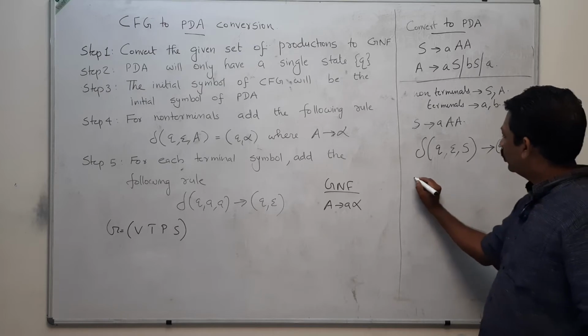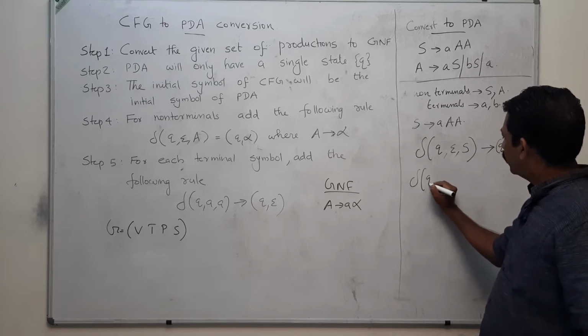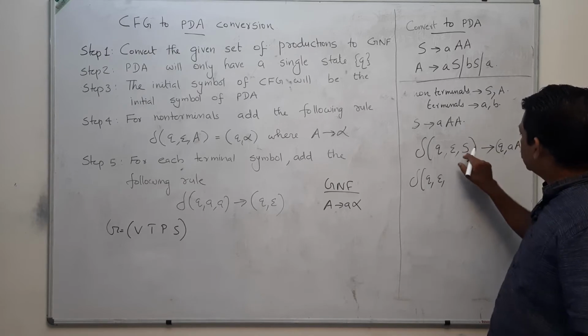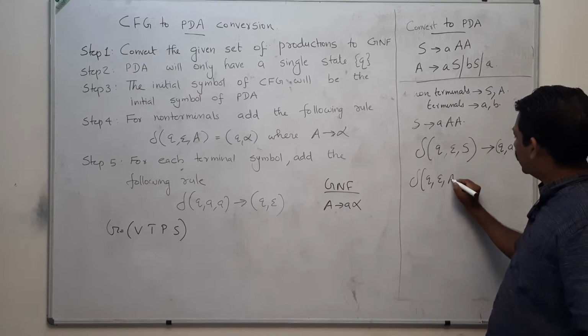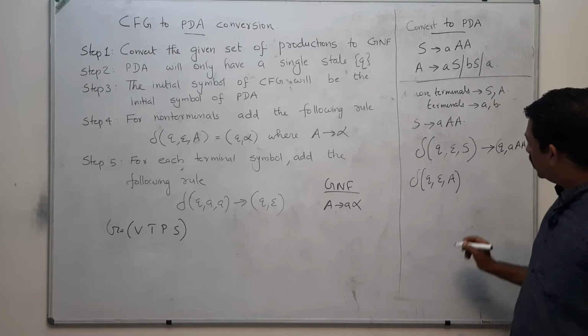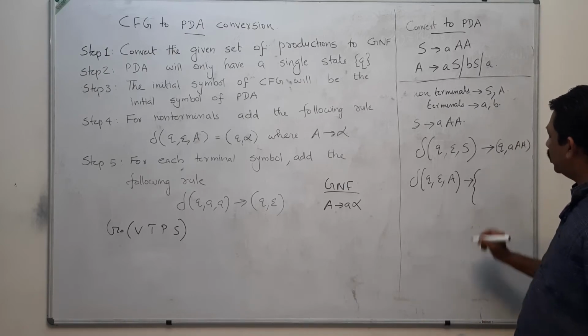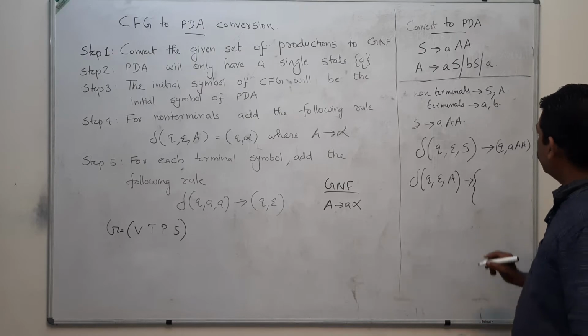A, I am going to have delta of Q epsilon A. I'm going to write A here instead of S. A derives, which is a set, as it is a non-deterministic PDA. We have a set.